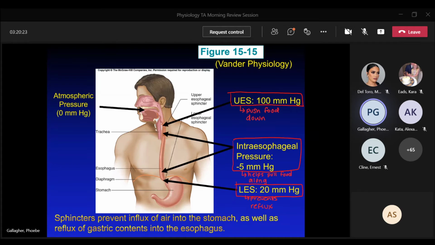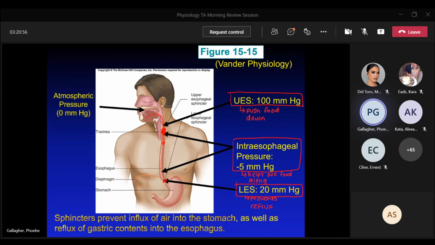So you need to actually put some effort into swallowing your food to push past it. But once food gets past the upper esophageal sphincter, that high pressure can help push food down as you swallow it. Your intraesophageal pressure is very negative, so that's going to help food be pulled along because of the low pressure in that area. So it makes it really easy for food to flow down.